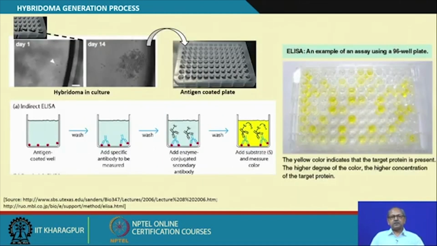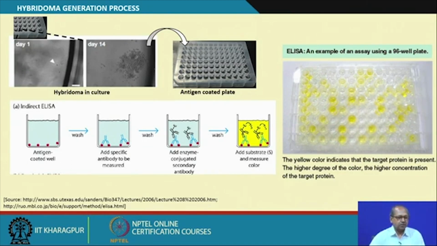So, the next step is how to screen for the effective hybridoma cells producing the required antibody, which will be monoclonal in nature. By dilution plating, the hybridoma cells will be plated in a 96-well plate, so that one hybridoma cell will be in one well.